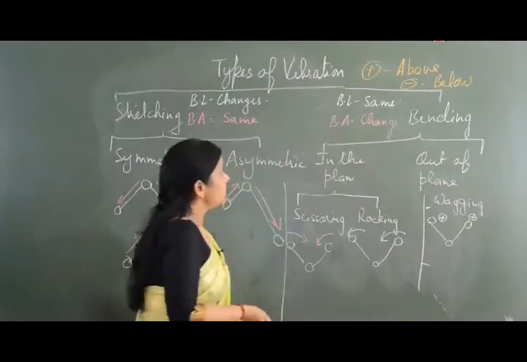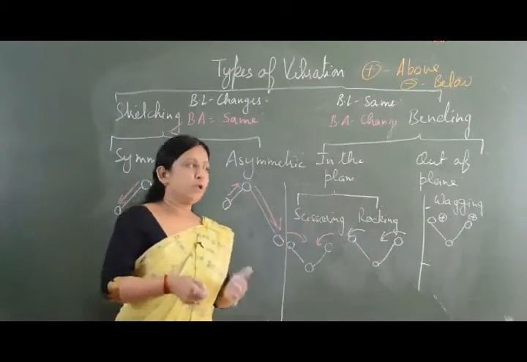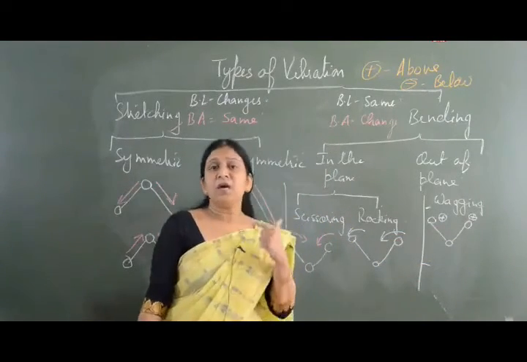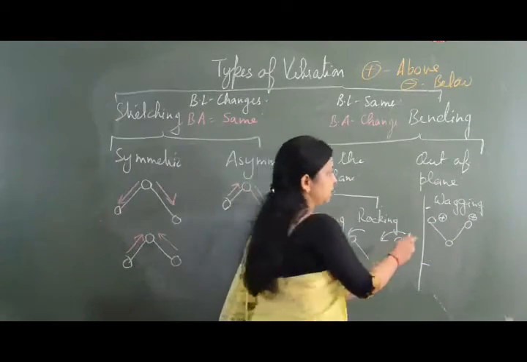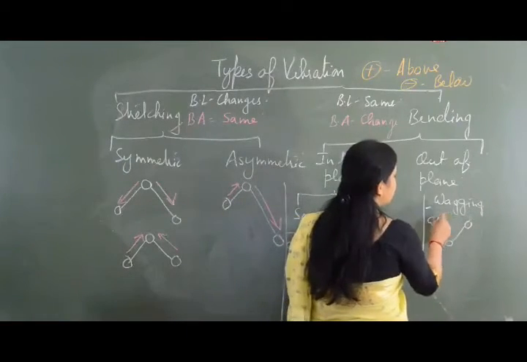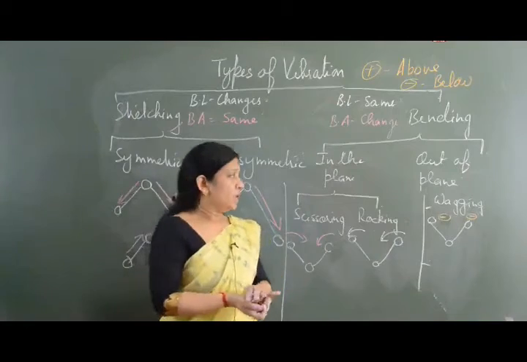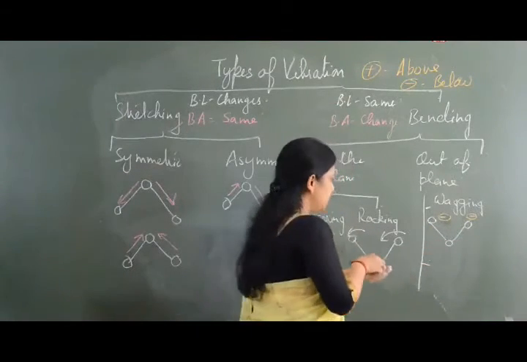If I write positive signs, that means the bending is above the plane, and if I replace this positive sign with a negative sign, then the bending is below the plane.